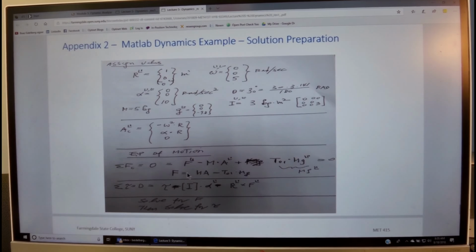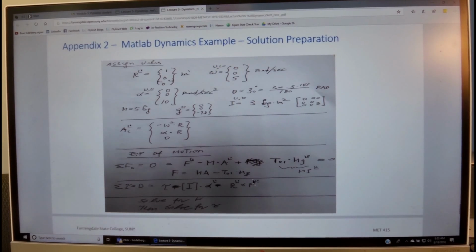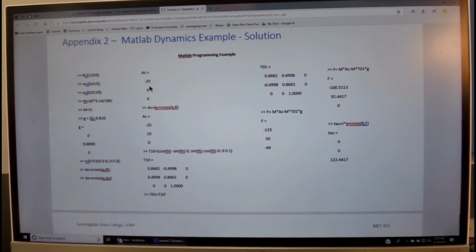forces and torques. We see over here that the summation of forces is the inertial force plus the gravitational force plus the reaction force, and then similarly for the torques. And then we can go to MATLAB, define all of these variables and do the cross product as needed, define the matrices and find the forces, reaction forces, and also the motor torque, according to the formulation.